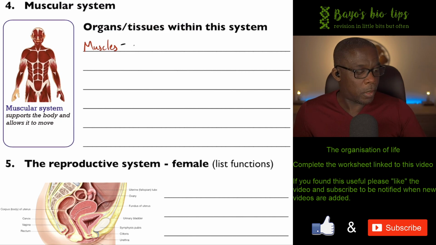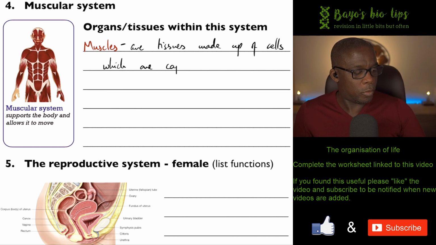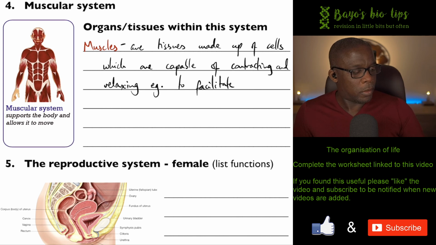And muscles are tissues made up of cells which are capable of contracting and relaxing, for instance, to facilitate movement. So that's muscles.